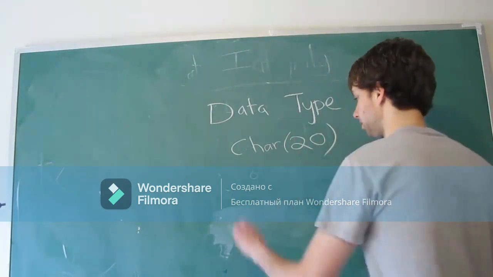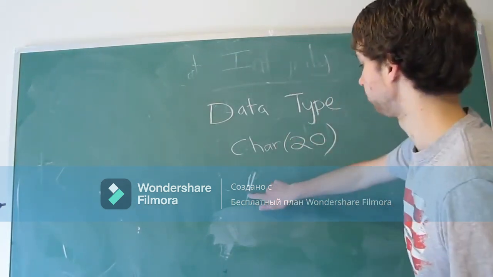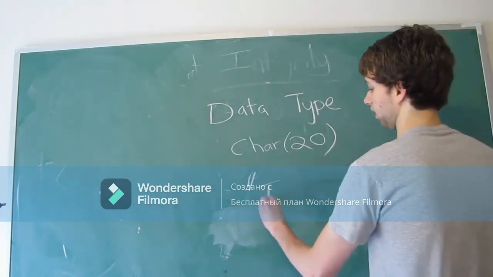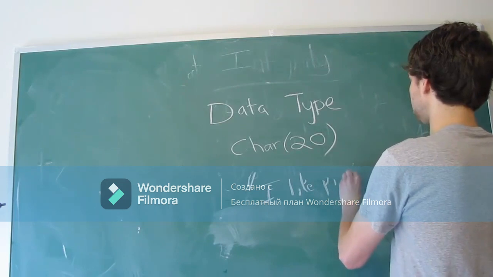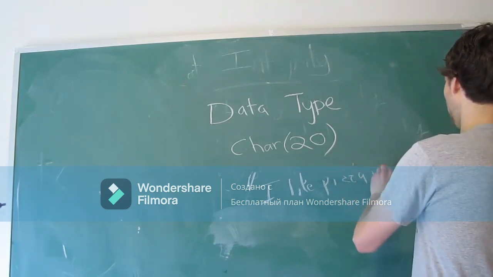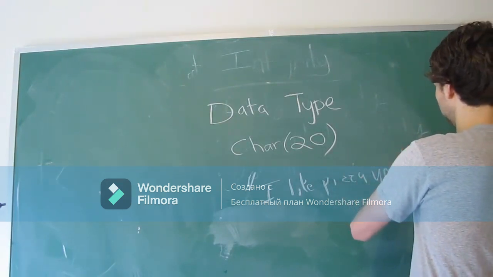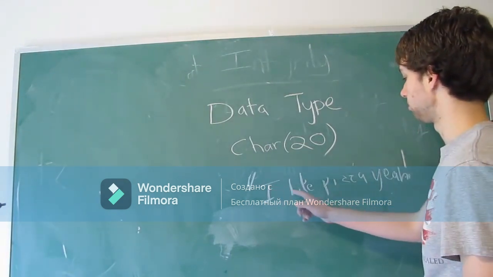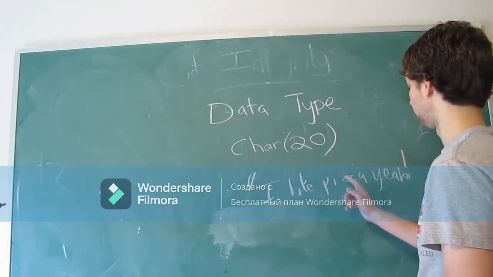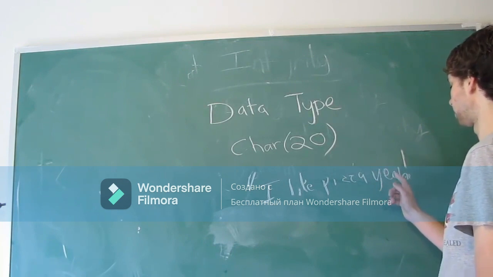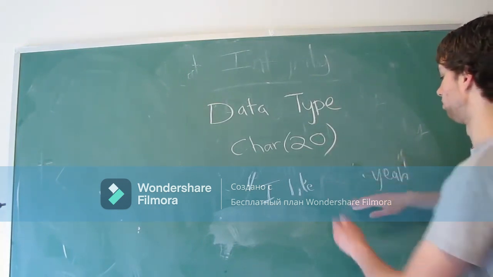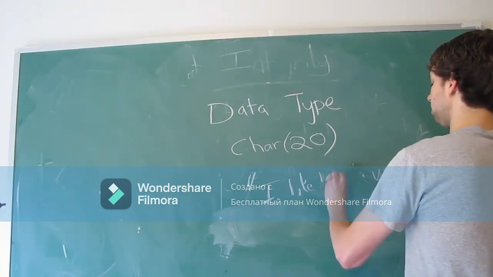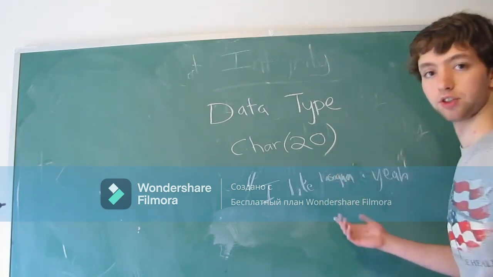That means we can put a string in the column that says, I like pizza, yeah! Counting the characters, that'll fit. But if I wanted to change this pizza to lasagna, well then I just added a couple extra characters.